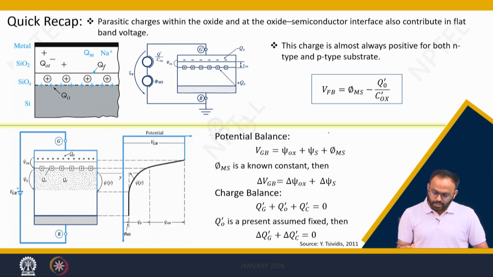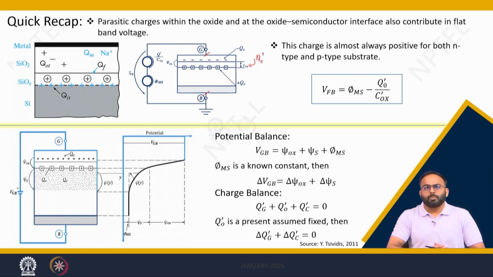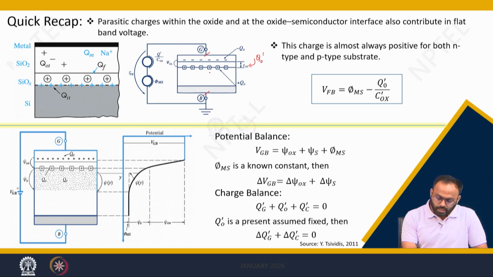In the last lecture, we have seen that not only the contact potential between gate and body is responsible for causing a charge pileup in the semiconductor, but also the presence of charge in the oxide layer, which is Q naught dash. Hence, if we want to remove the charge from the semiconductor, we need to connect a battery in such a way that charges do not pile up in the semiconductor.